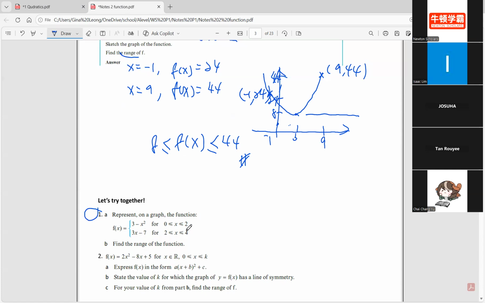This is the two part. One is 0 to 2, another one is 2 to 4. So later you will have something like a curve, and after that a straight line or something like that.